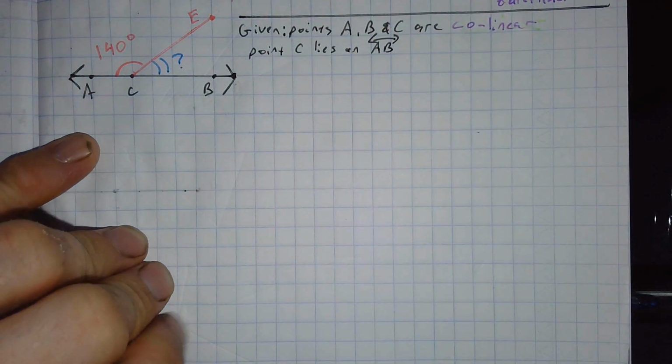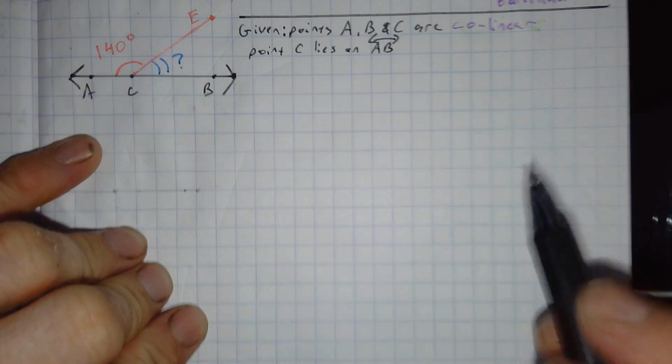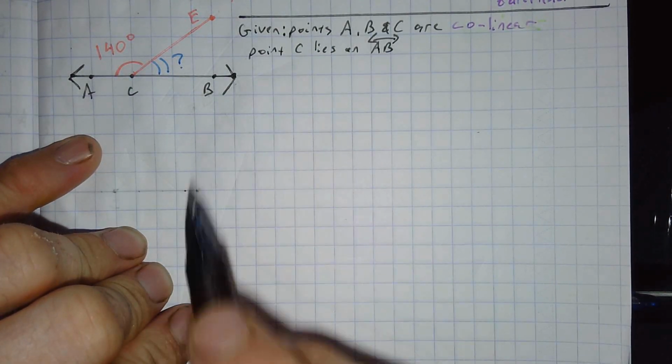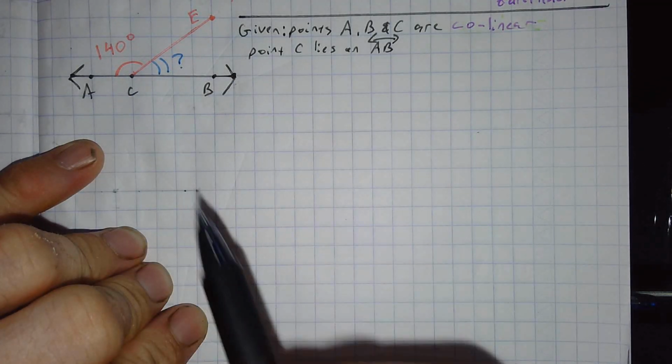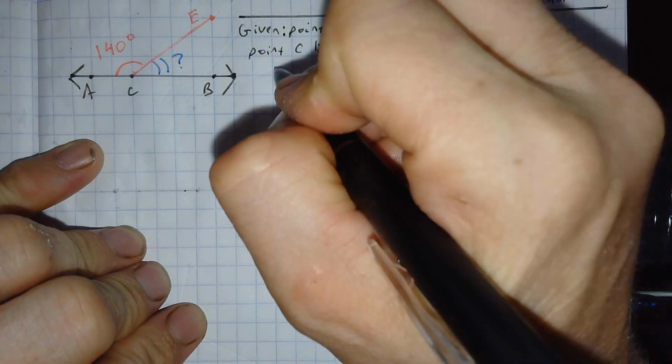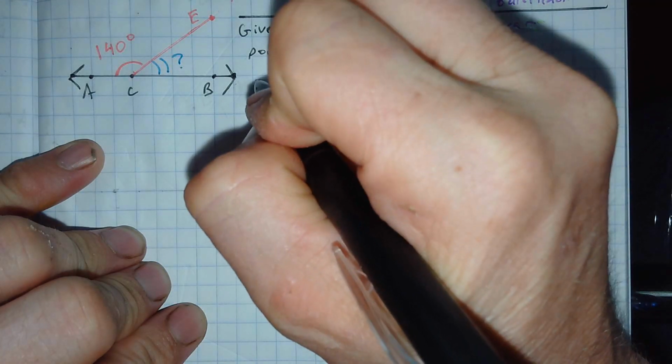Either way, those are two ways to write the same thing, saying that A, C, and B are all in a straight line.